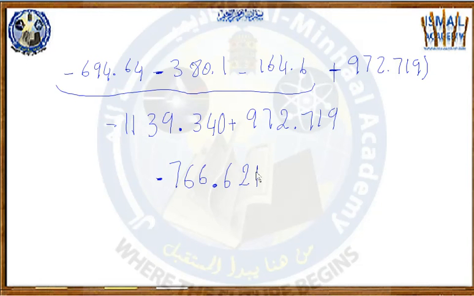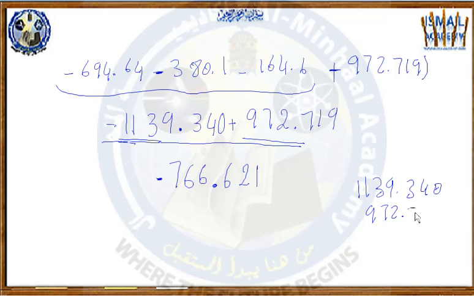Pay attention here. Look, the sign here is negative. The sign here is positive. This one is greater. So I'm going to subtract, and I subtract as regular because I have to subtract.